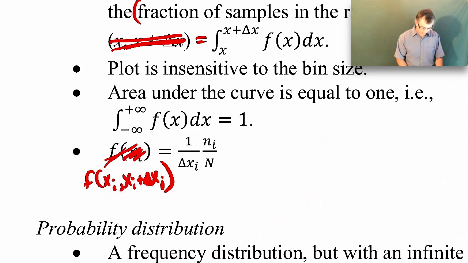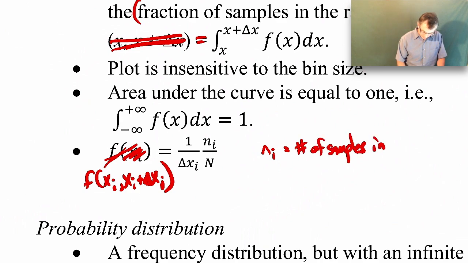So within some range, the frequency within that range will be 1 over the bin size, that's the delta xi here, times ni. This ni is the number of samples in the range xi to xi plus delta xi.